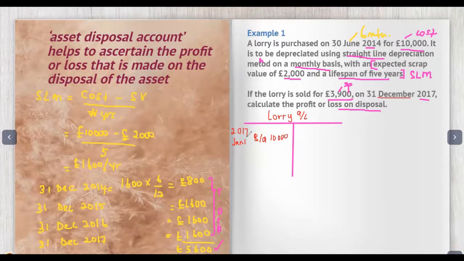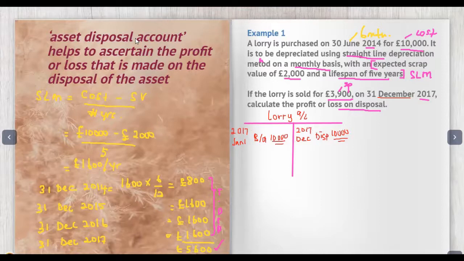Now the first step was to remove them, so we will transfer this to the disposal account, which is 10,000. There you go. You're done with your lorry account.